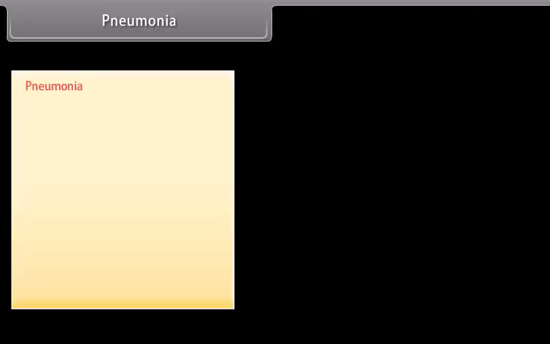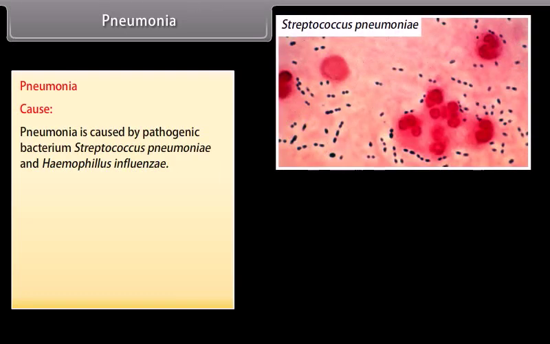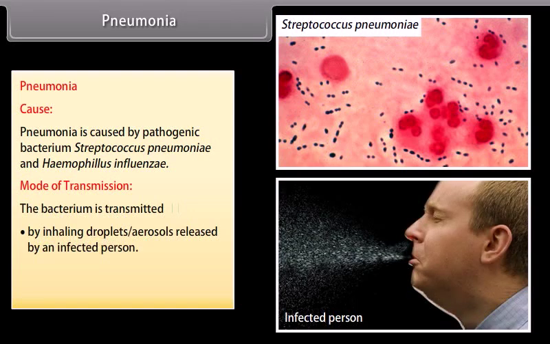Pneumonia. Cause. Pneumonia is caused by the pathogenic bacteria Streptococcus pneumoniae and Haemophilus influenzae. Mode of transmission. The bacterium is transmitted by inhaling droplets, aerosols released by an infected person, or by sharing utensils with an infected person.